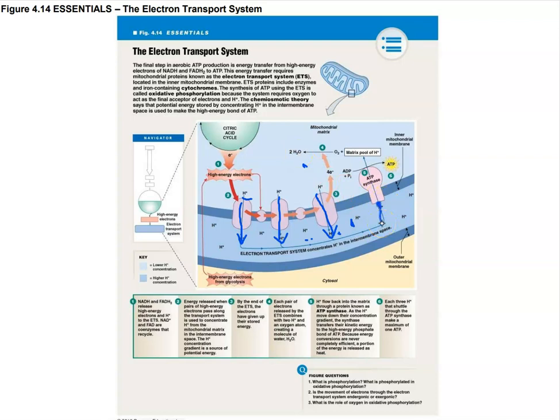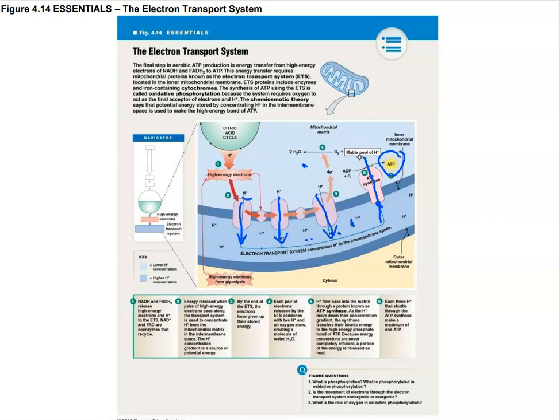This molecule right here, the final step, is called the ATP synthase molecule. This molecule will generate lots and lots of ATP as long as the hydrogen ions, these protons, are going down their concentration gradient through the pore of this molecule, the ATP synthase molecule.